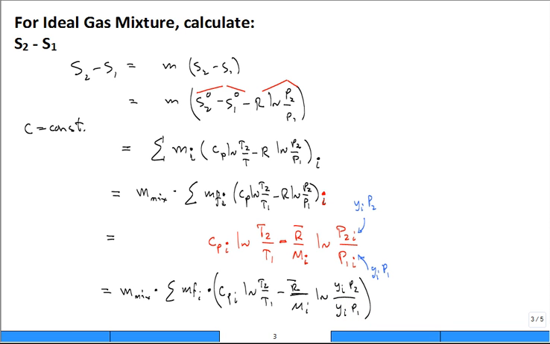Now, in our gas mixtures, we're not going to have reactions. So the amount of CO2 stays the amount of CO2. The amount of methane stays the amount of methane. But when we get to the next chapter, when we have combustion, we're going to take oxygen and methane and turn it into CO2 and water vapor, right? That's combustion.